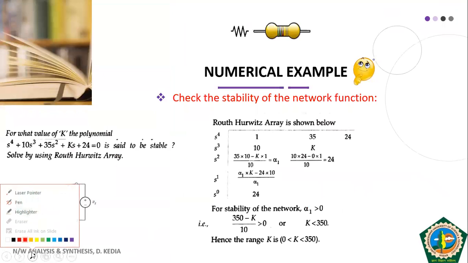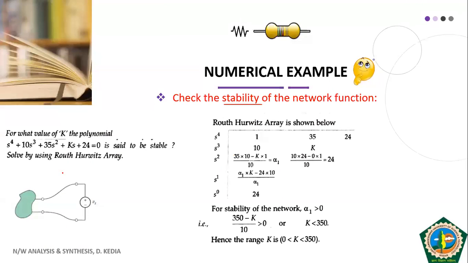So this is another example where we have to check the stability of the network function. The network function which is given is s raised to power 4 plus 10s cube plus 35s square plus ks plus 24 equal to 0. So here, in the power of s equal to 1, the coefficient is k. k is some coefficient which has not been given beforehand.